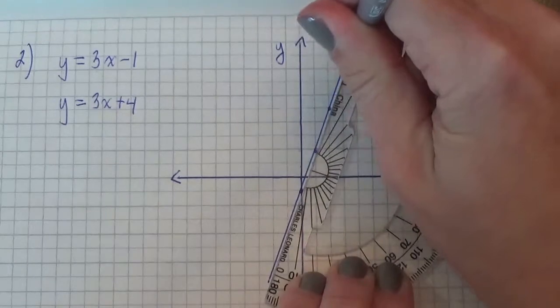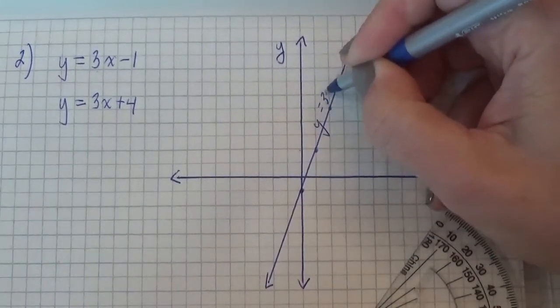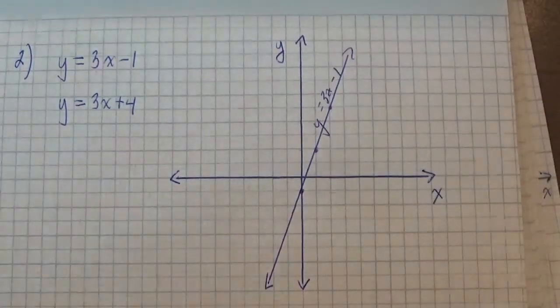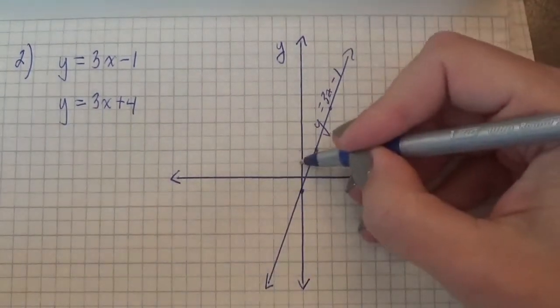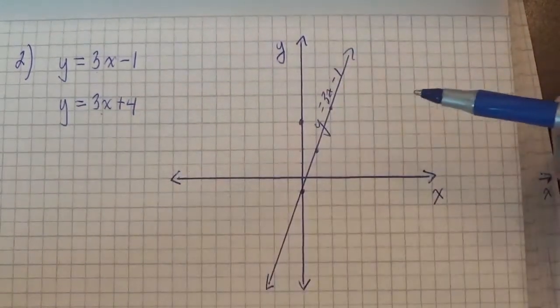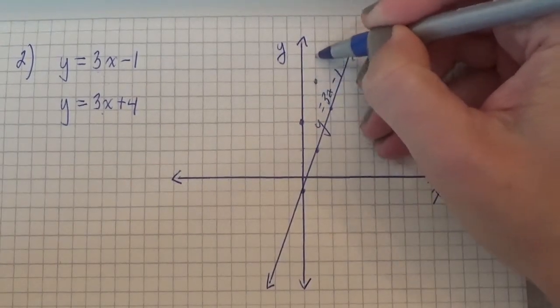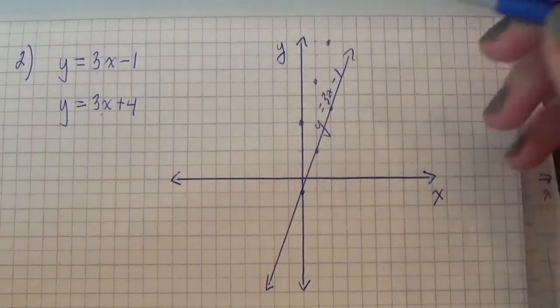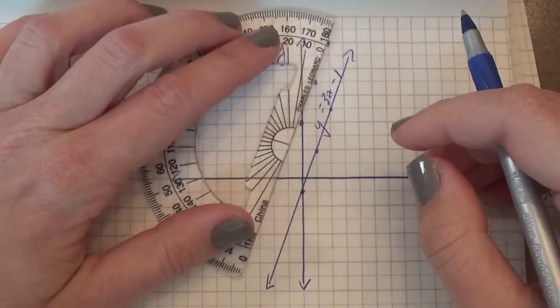Let's connect those. So that's y equals 3x minus 1. And the next one starts at 4, and also has a slope of 3. So up 3 over 1. These two lines, can you tell, are not going to ever cross.